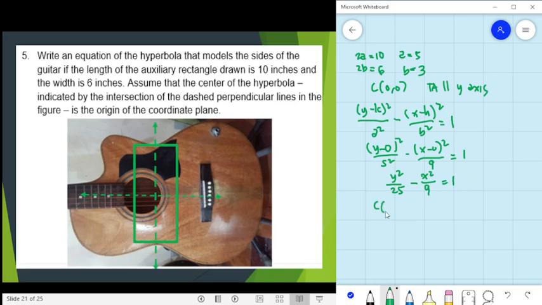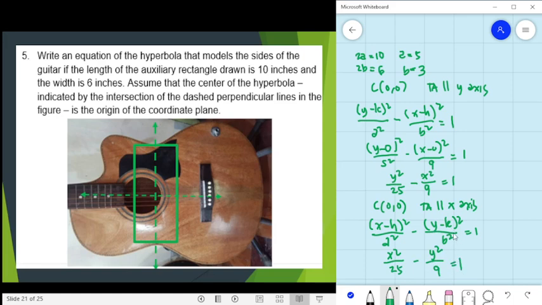But if we assume that our center is still (0, 0) and the transverse axis is parallel to the x-axis, then the equation becomes the quantity (x minus h) squared over a squared minus the quantity (y minus k) squared over b squared equals 1, because the problem did not state where the transverse axis lies. So there can be two solutions. So we have x minus 0, which is x squared over 25, minus y minus 0, which is y squared over 9, equals 1.